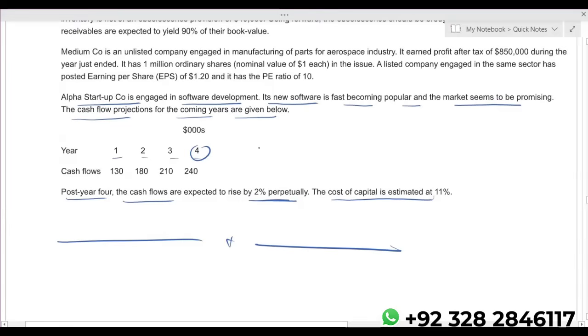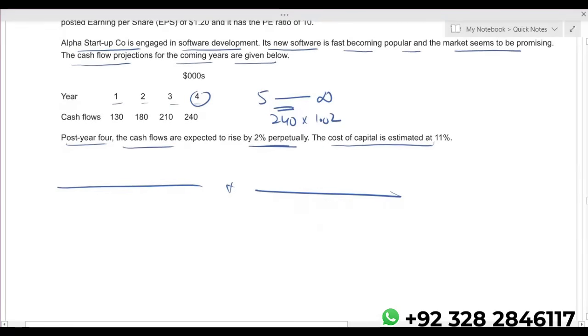Now listen, logically from year 5 onwards, the cash flows will increase by 2% forever. So which formula will you be using from year 5 till infinity? It's very simple.